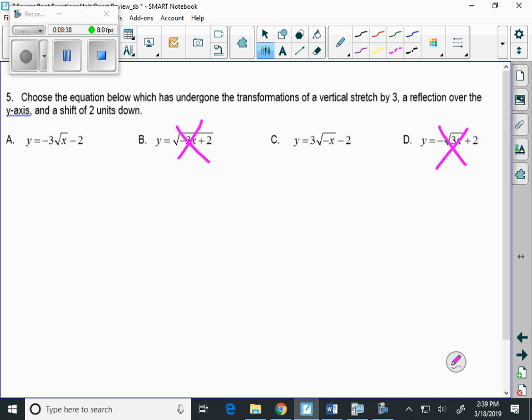A reflection over the y. Well, a reflection over the y means that the negative has to be inside the function. So there is no negative on the inside, which must mean that our answer is C here. And let's check it with our shift of 2 units down, and minus 2 outside the function does mean 2 units down.